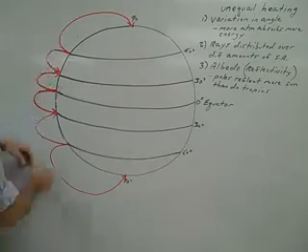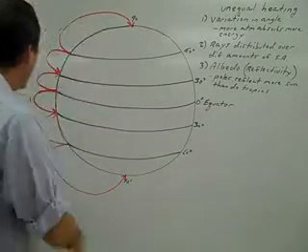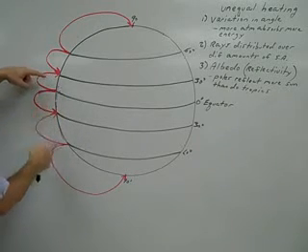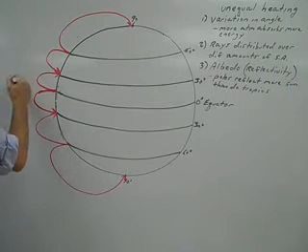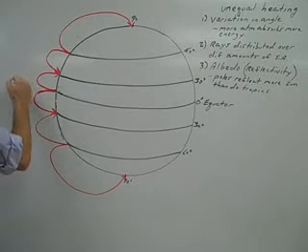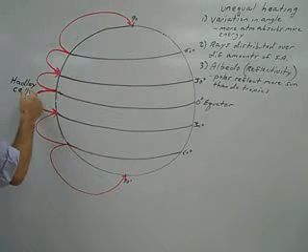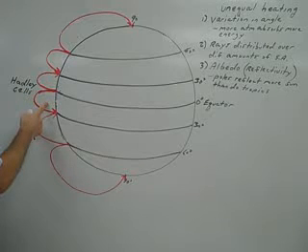Now, these air circulation patterns actually have names. Where the air rises at the equator and then falls at 30 degrees, this is referred to as a Hadley cell. So you've got 2 Hadley cells, one here and one here.